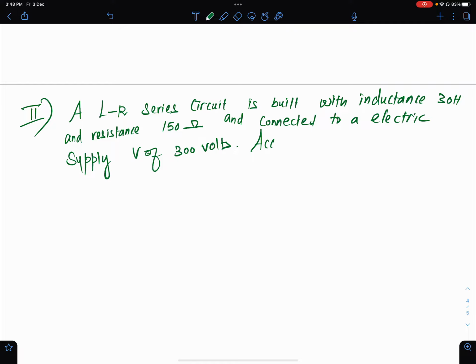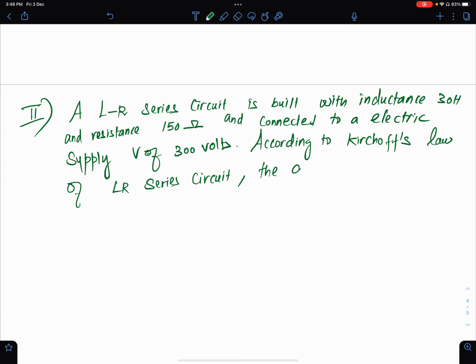According to Kirchhoff's law of LR series circuit, the governing differential equation is L di by dt plus Ri equals V.